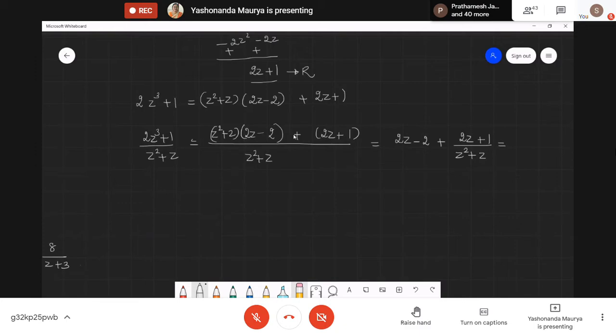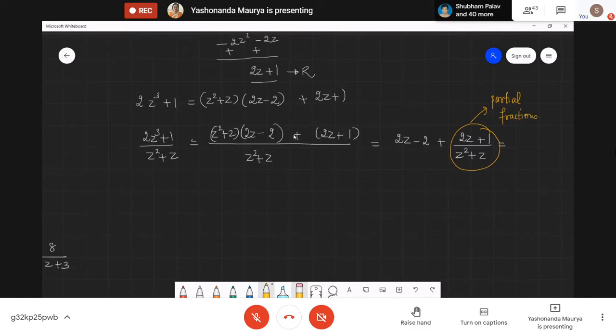So this is as good as. So over here, after writing this expression, this particular thing can be simplified using the partial fractions, because now the degree of the numerator is strictly less than the degree of the denominator.